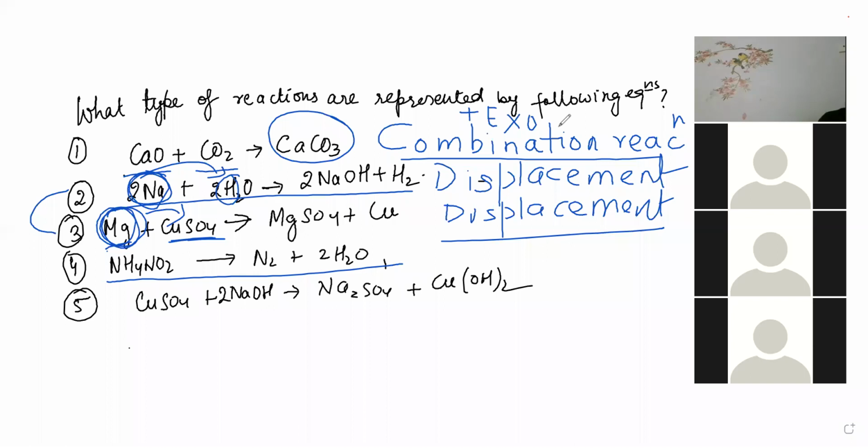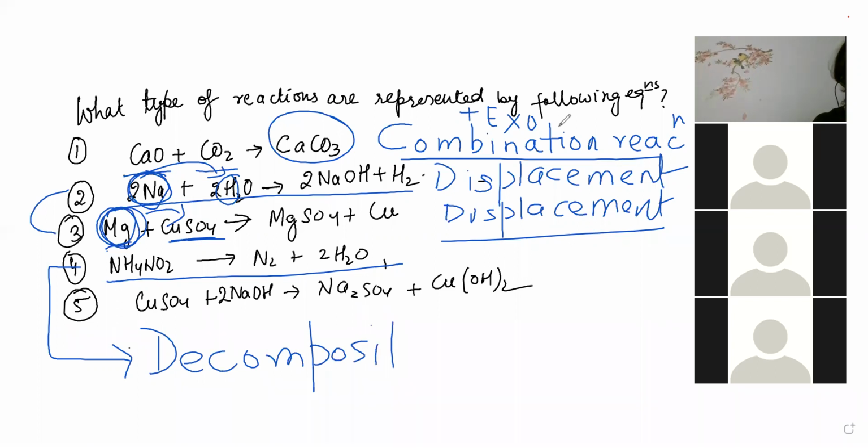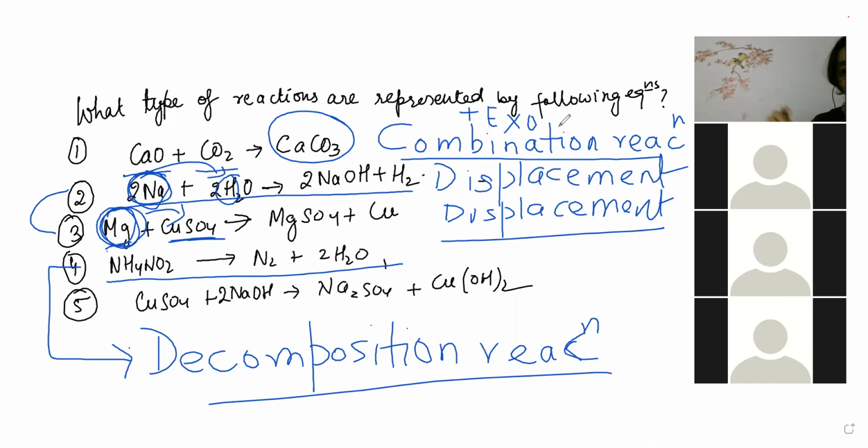The fourth answer is decomposition. Super. But beta, decomposition reaction is what type of reaction? Endo or exo? Can anybody tell me? Endo.